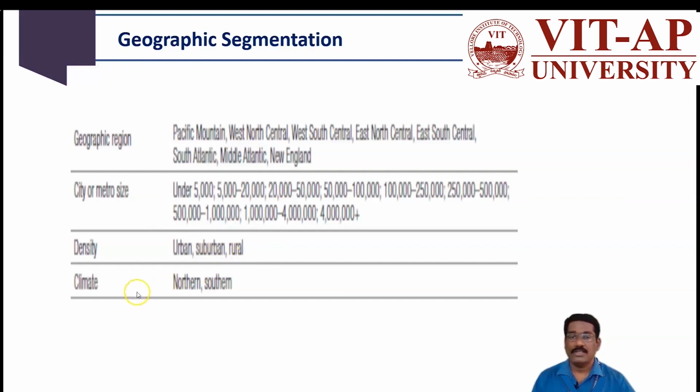And when you look at climate, like in the case of raincoats or dressings, different climatic conditions influence the apparel requirement of that particular region. Through these examples, I hope you all understand the purpose of geographic segmentation.